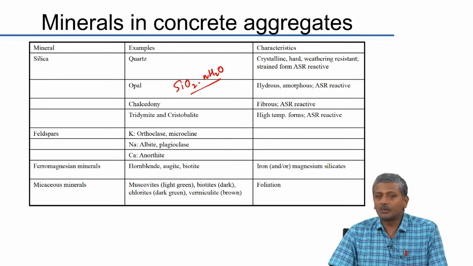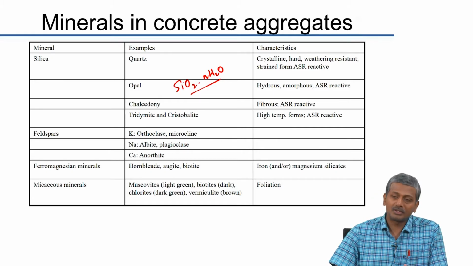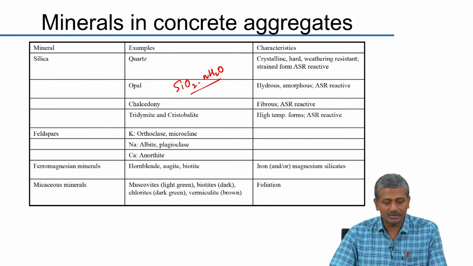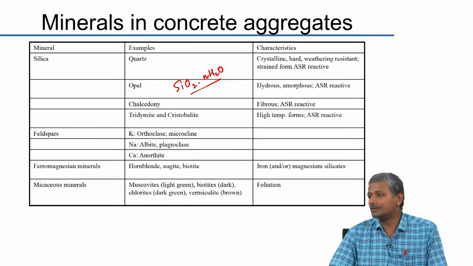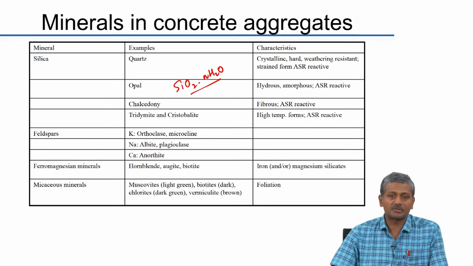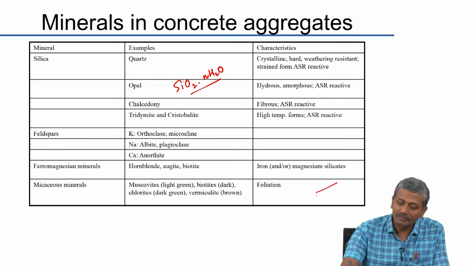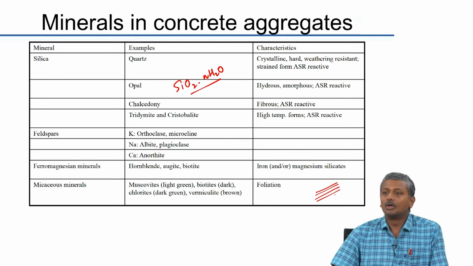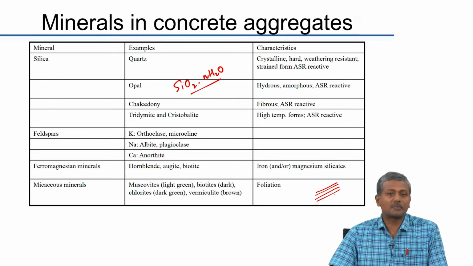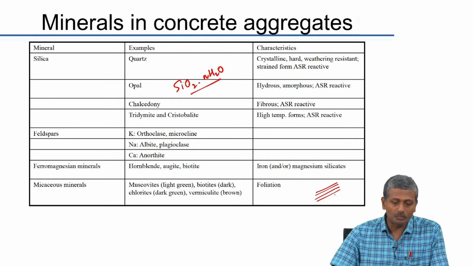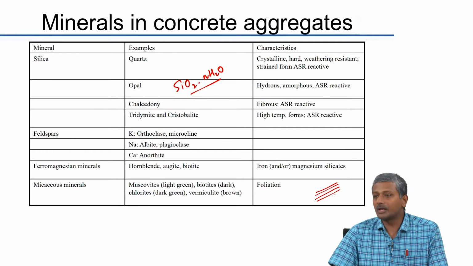Micaceous minerals are the ones which introduce a very different kind of characteristic as far as mechanical properties of the aggregates are concerned. So, you have foliated properties because of the presence of micaceous minerals. Foliation means you have basically layered formation of the rock. That is primarily because of the micaceous minerals which include muscovites, biotites, chlorites or vermiculite.